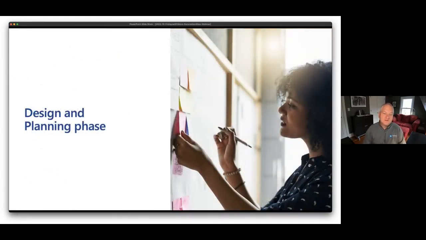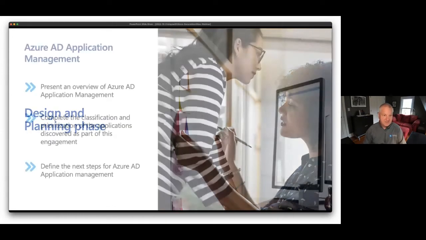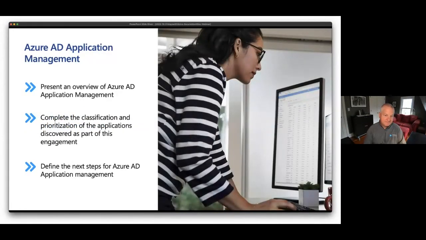And then we move into the design and planning phase. I'll talk about this in a little bit more detail, right? We want to present you an overview of Azure AD and application management, complete that discovery and say, hey, what are the prioritized applications? What are the high use applications?